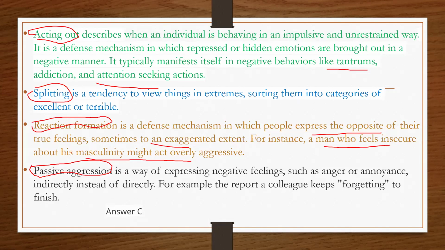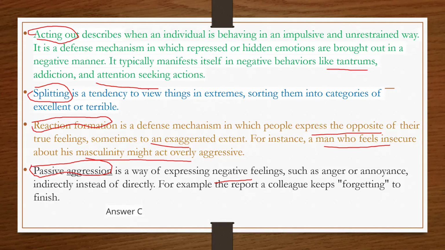Then passive aggression is a way of expressing negative feeling indirectly instead of directly. For example, if you ask one of your colleagues to complete and send a report or an assignment as a favor to you, the correct way of approaching that, if he doesn't like to do that, would be telling you, sorry, I can't do that.